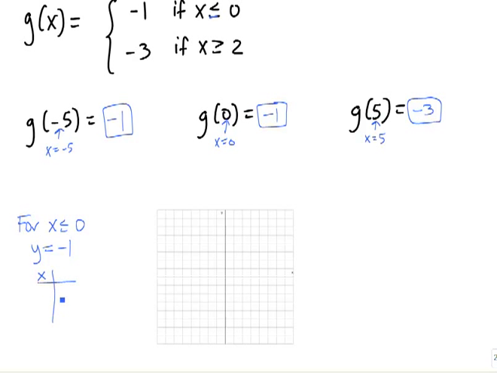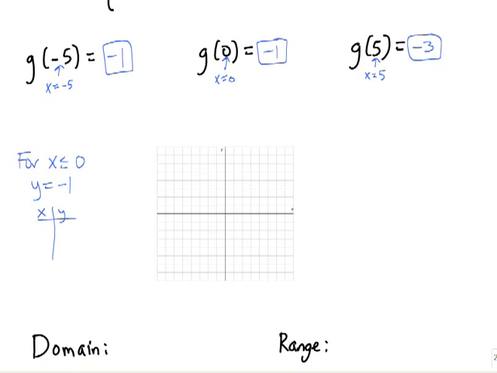I'm going to make my tables again just to show you the importance of picking the right x values here. Remember that this domain was x is less than or equal to 0, so we definitely want to see what happens right at 0. So make sure you use x equals 0 in your table.